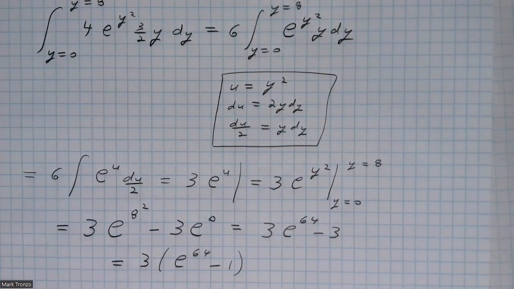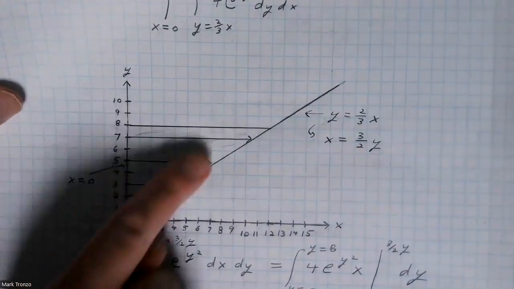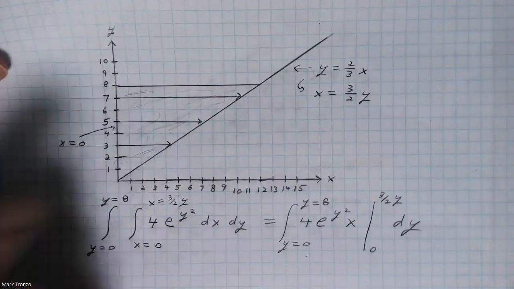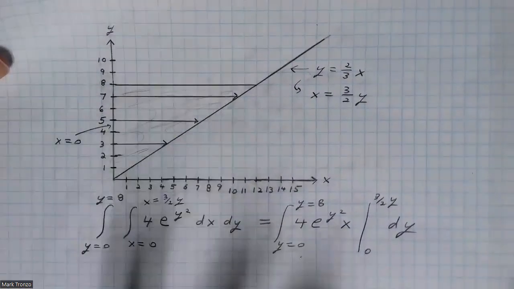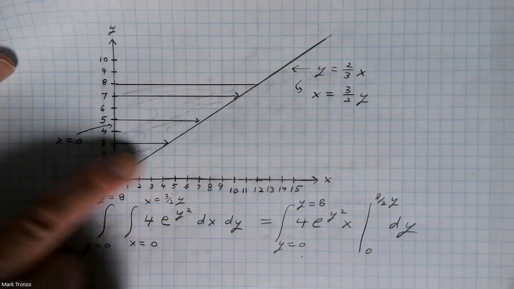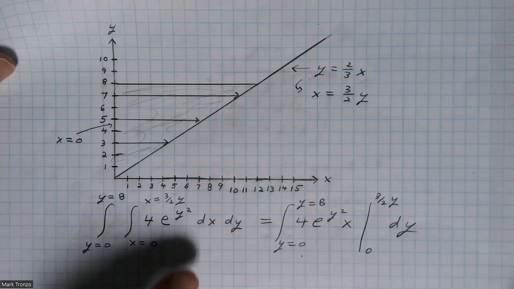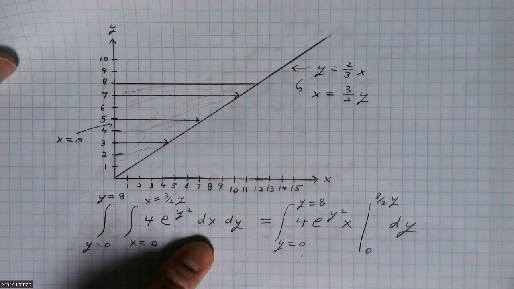But that's how we handle a changing of the order of the integral. The most important thing is to draw the area over which the original integral is done, then just treat it like a new problem and integrate with respect to whichever variable you need to do. In this case, we're integrating with respect to x first.